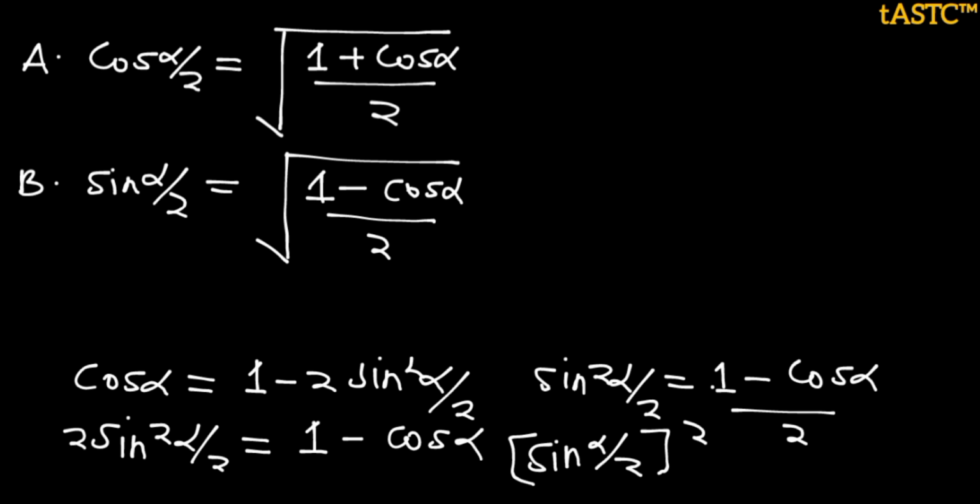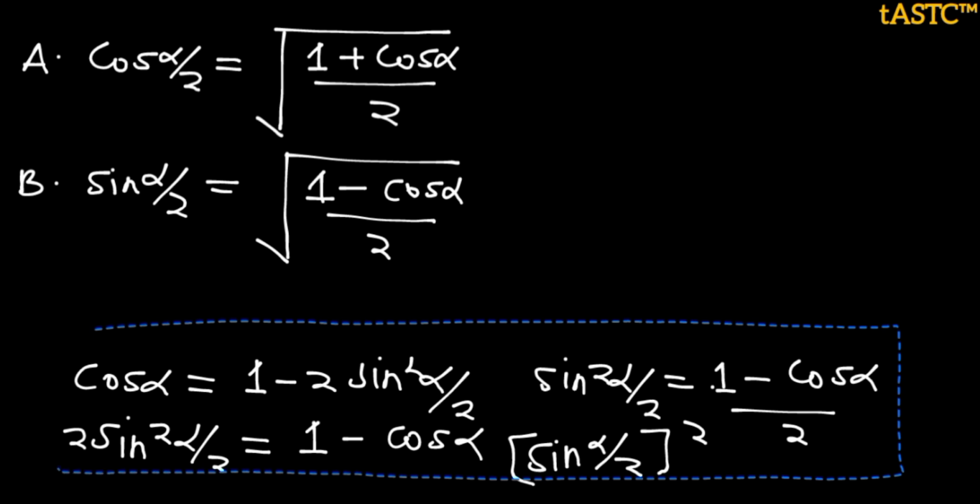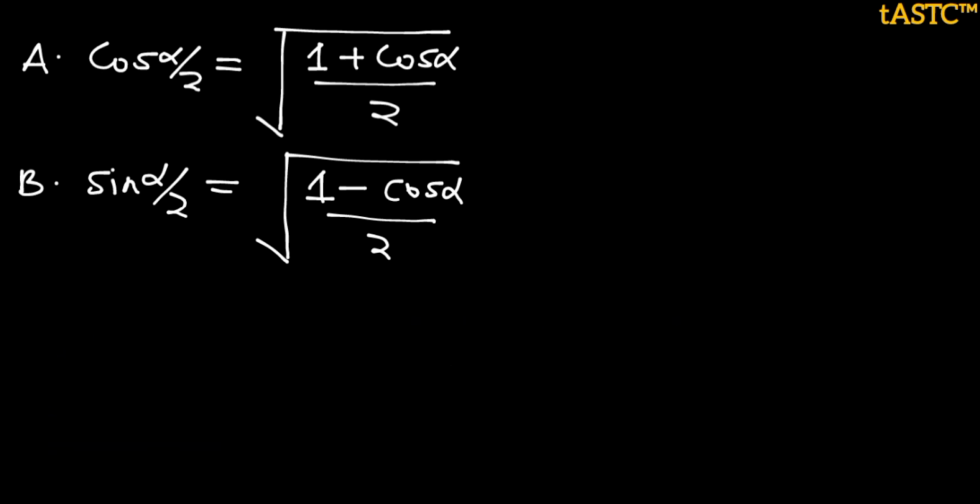I think I'm going to wipe these out now. So that is what we got for cosine alpha divided by 2, as well as sine alpha divided by 2.